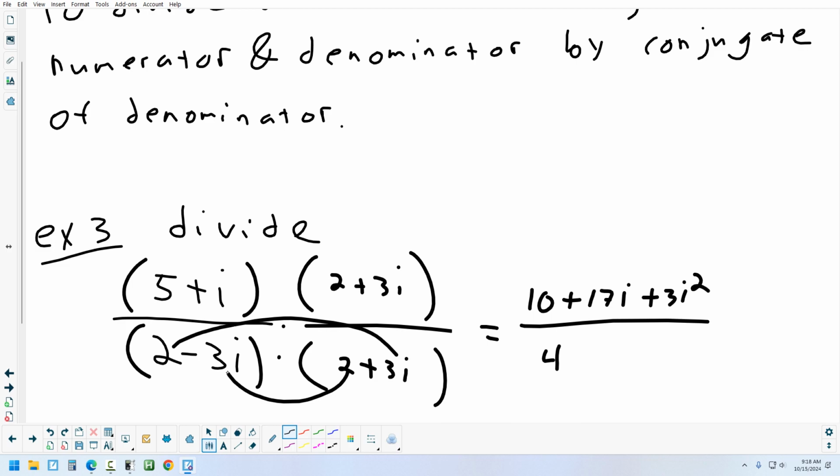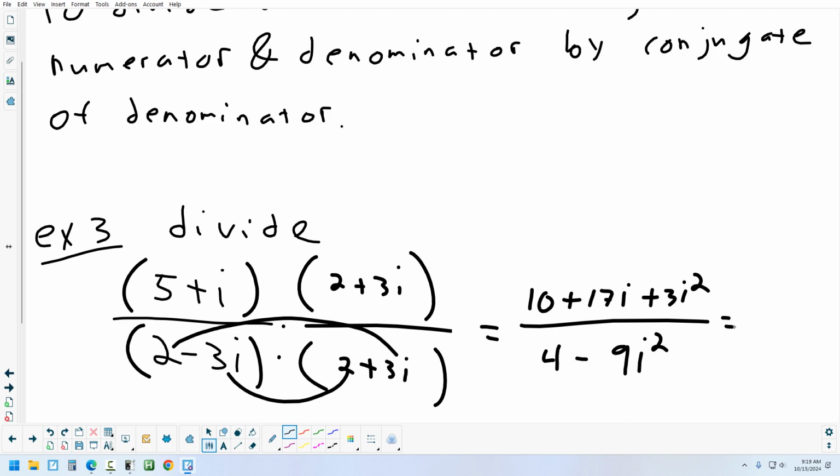So when you're FOILing conjugates, the outer and the inner are always going to cancel each other out if they're written in a plus bi format. You get 6i, negative 6i. The last term always starts as a minus, and it's going to be minus 9i squared. Okay, so let's come back to that.